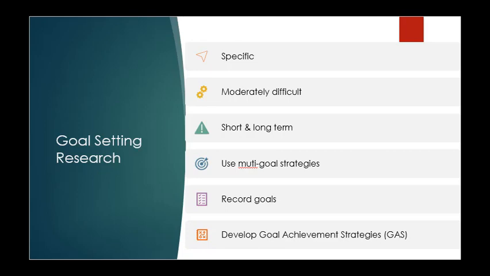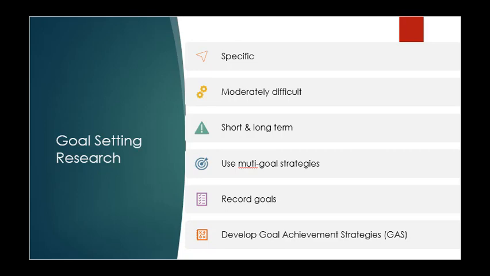So research indicates it's necessary that we set moderately difficult goals. We should also set short and long-term goals. This goes into our multi-goal strategies of setting not just short-term goals and not just long-term goals, but setting goals that both have a short-term aspect and a long-term aspect to them.